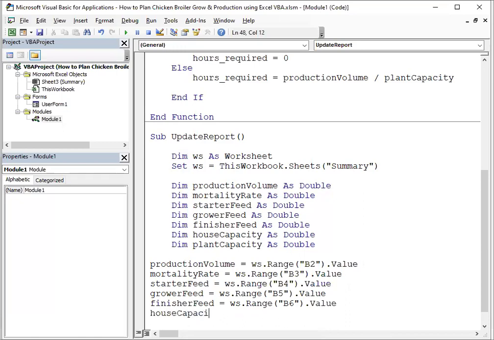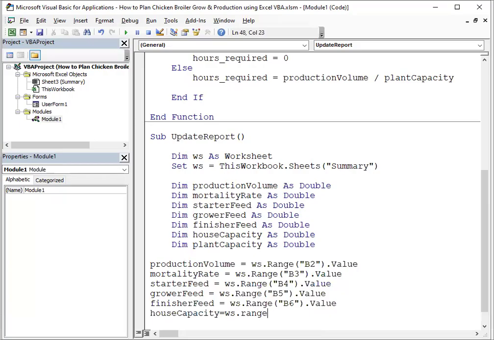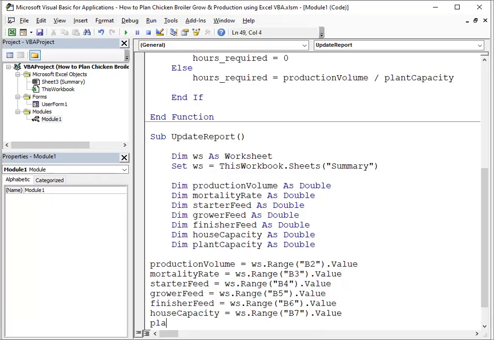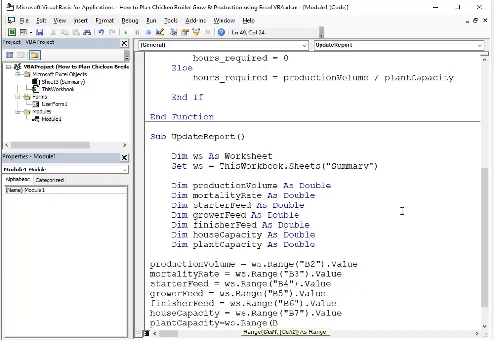House capacity equals ws range, watch the spelling, that would be B7, that value. The last one would be the plant capacity, the hours. Plant capacity equals ws range, this one would be B8, that value.